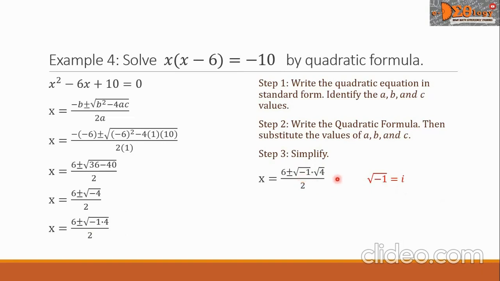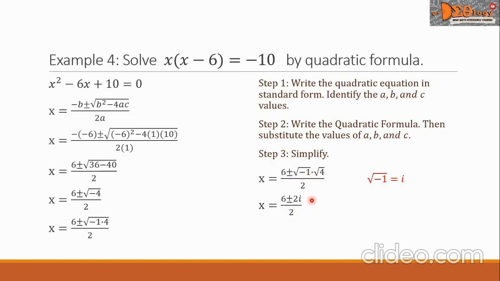Let us simplify further. So we have now x equals 6 plus and minus the square root of negative 1 is now changed to i, and then the square root of 4 is simplified into positive 2. So we have here i times 2, then all over 2. This i times 2 can be written as 2i.